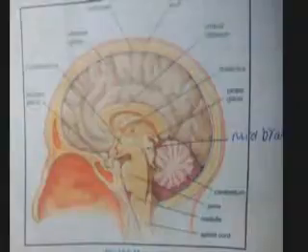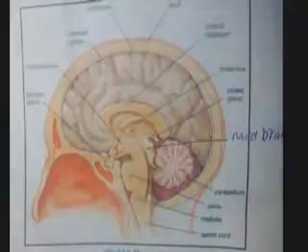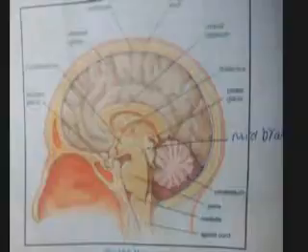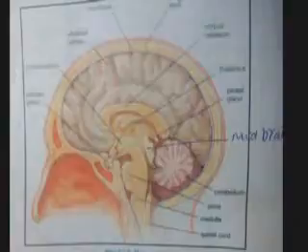Medulla oblongata is the posterior part of the brain. It controls automatic functions like breathing, heart rate, circulation of blood, blood pressure, swallowing, and vomiting. So this is the structure and diagram of the human brain. Look at these parts carefully and try to understand the structure of the human brain.